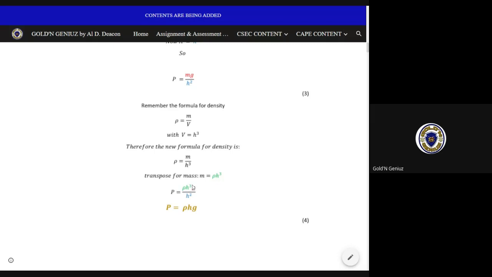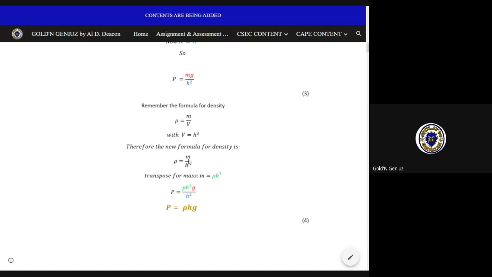Are we seeing how I get P equal rho H cube G? Are you seeing that? All I did is take this equation, remove the V from this equation, put H cube there. I am now at M divided by H cube.